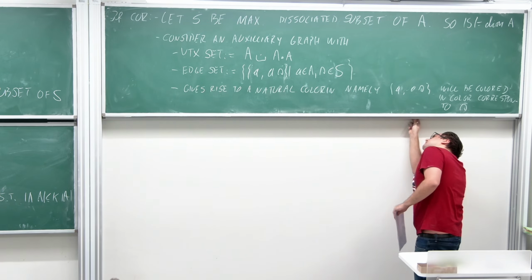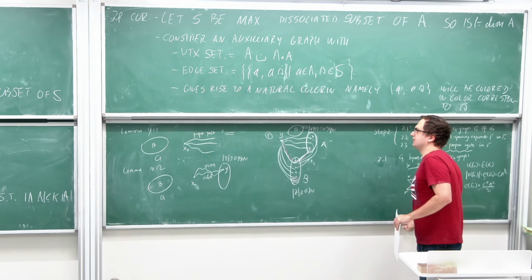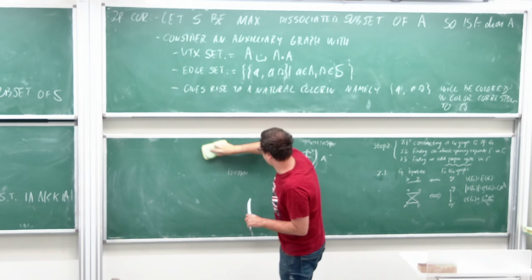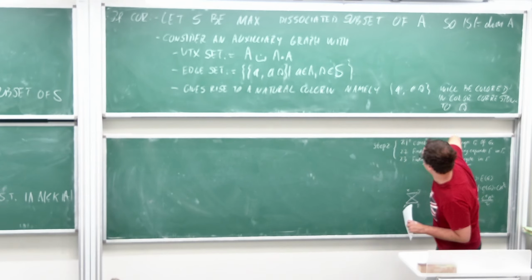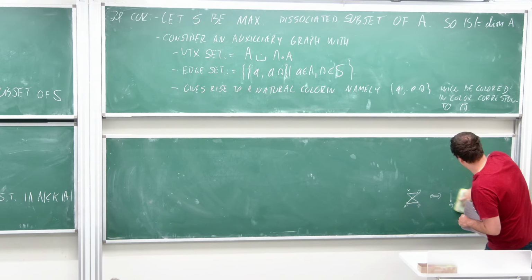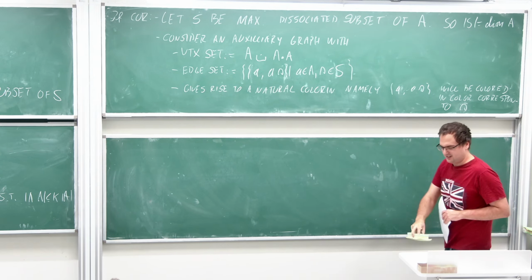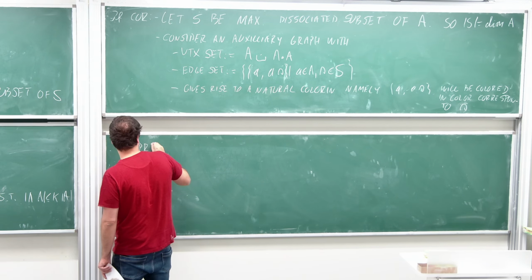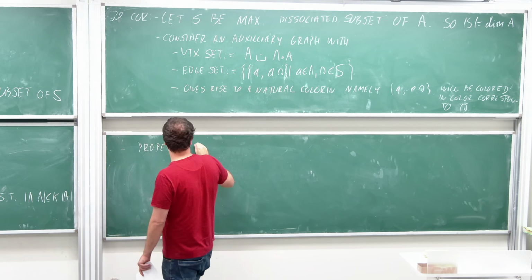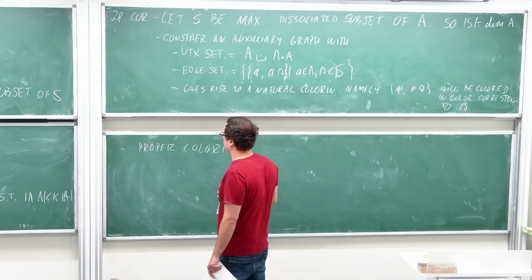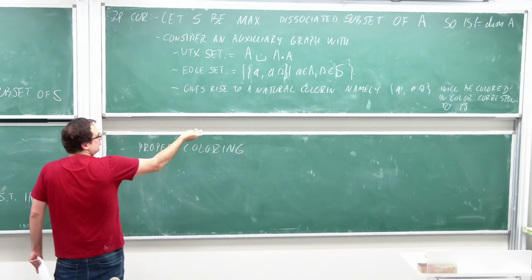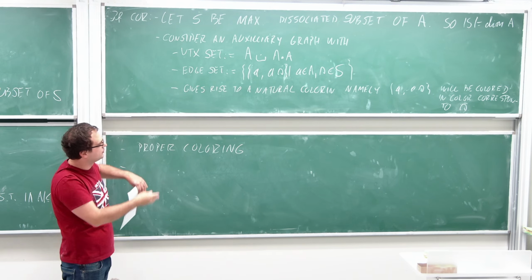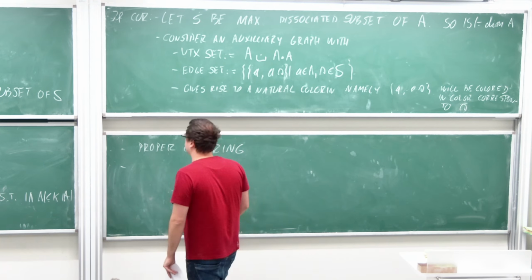Very good. So this is a proper coloring, right? Just by the group properties, if you go from a to anything else, you go by a different element, so you are getting a different color.